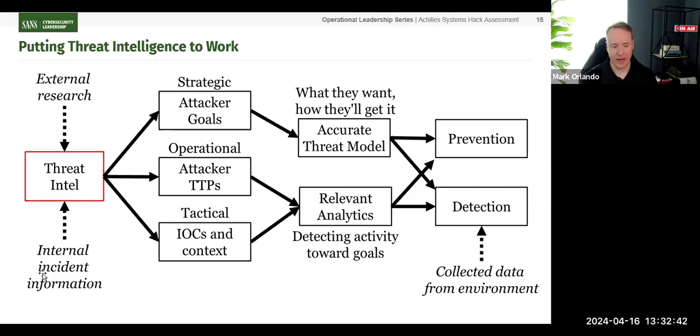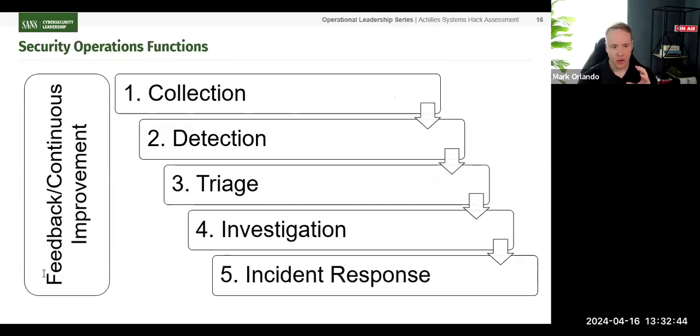Now it's time to build out, or at least revisit, core security operations functions. And we've divided operational functions into 5 main functional areas, and we have a 6th cross-cutting function. So we've got collection, detection, triage, investigation, and incident response. That cross-cutting function is feedback and continuous improvement.